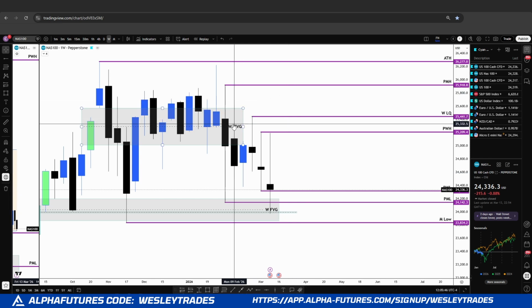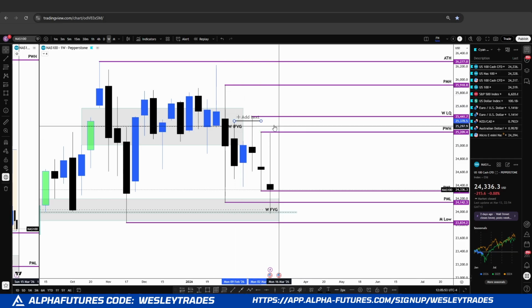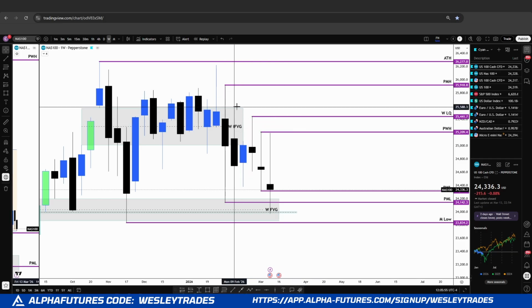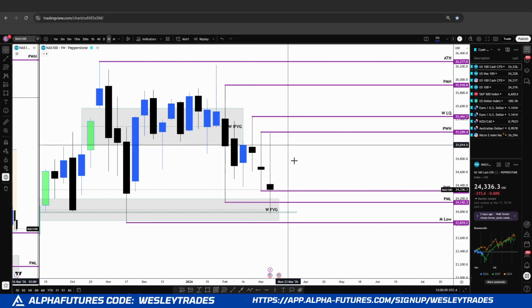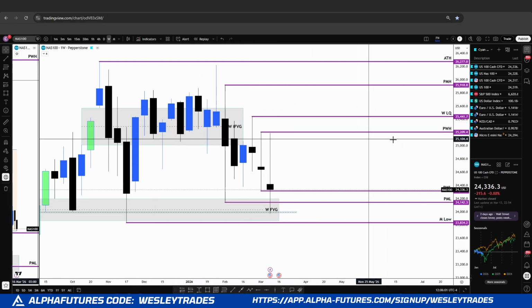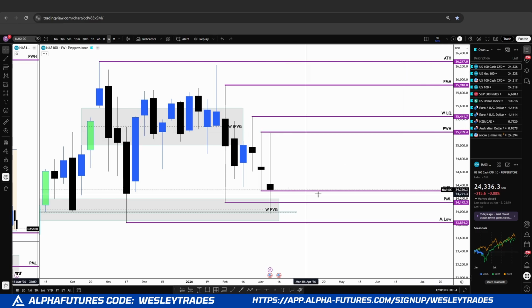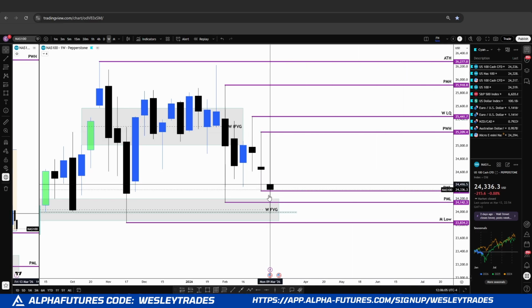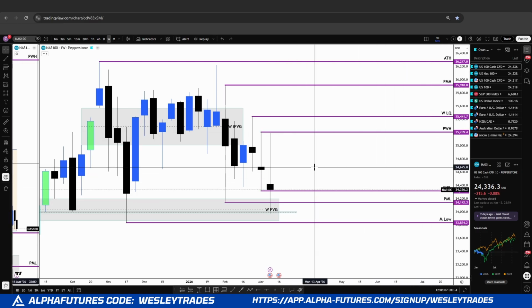We're not going to mark this one out because it's already been taken. Levels that have already been taken like this, you just remove, because we are in this weekly time frame already. So which ones have not been removed yet? This one has not been taken yet. This one has been taken, but we are still in this week. So just bear that in mind, please.